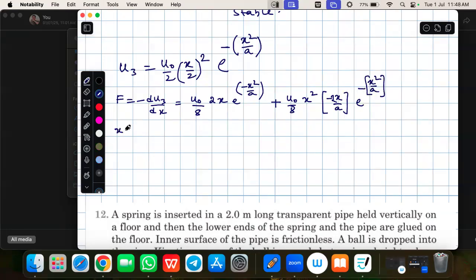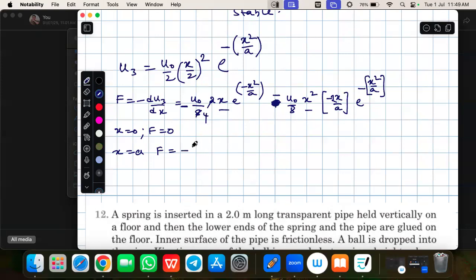Put x is equal to 0, f is equal to 0. Whether the rest exists or not is irrelevant to you. Why? Because everywhere you have an external factor. Put x is equal to 0, you have f is equal to 0. Put x is equal to a, let us see what happens. We need to add a minus here also. Put x is equal to a, what happens?